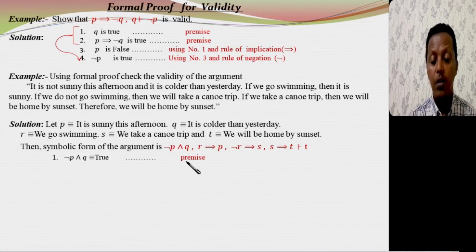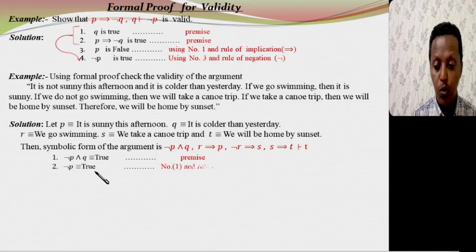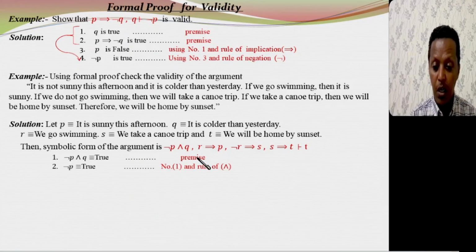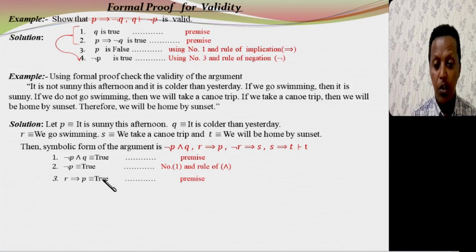The reason, because it is a premise. So negation P is true. So if negation P is true, Q will be false. Now from the second premise, R implies P, let it be true, because it is the second premise. Always we let the premises be true.